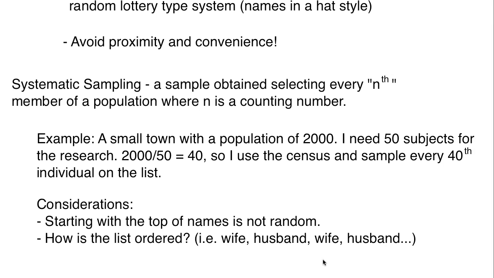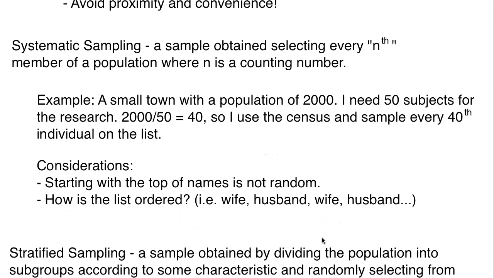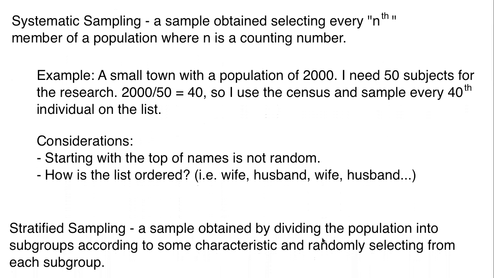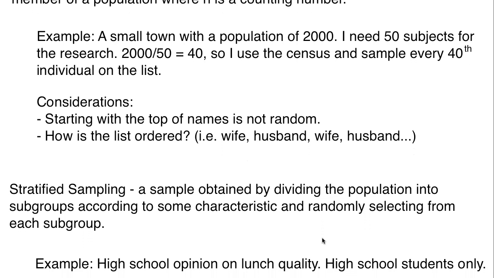So even though it may appear random to you, if you're not aware of the way that the list is ordered, you could be introducing an unknown bias by constantly picking only from the same set based on the ordering of the list. So just some considerations to think about there for systematic sampling.